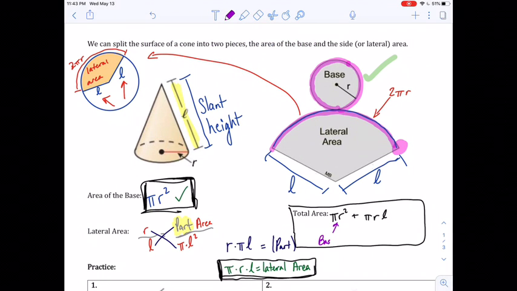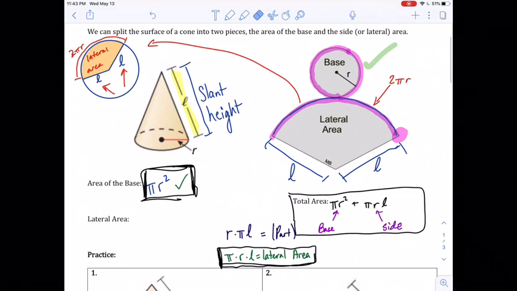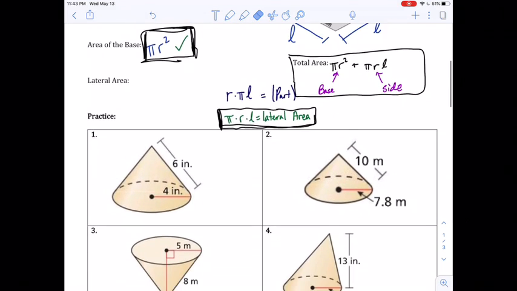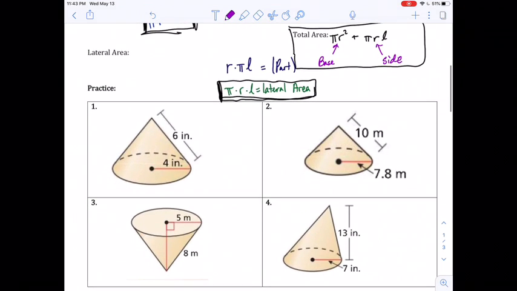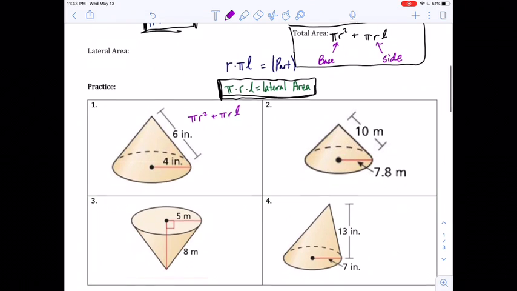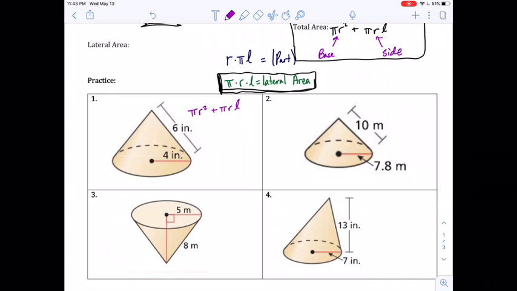So again, this is the base, and this is the side, or the lateral area. So I'm going to get rid of all this extra work. And let's just use this formula here. So pi r squared plus pi r L to find our surface area.